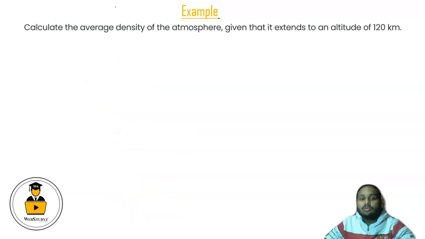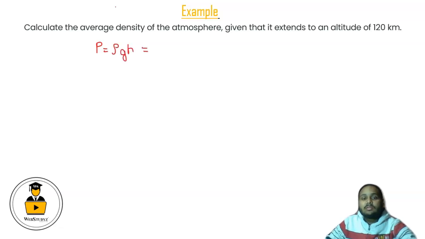The question is, calculate the average density of the atmosphere given that it extends to an altitude of 120 kilometers. Fine. So here only one data is given. The rest of the data we need to have. So firstly, we know that the equation used here will be pressure equal to rho gh. Fine.